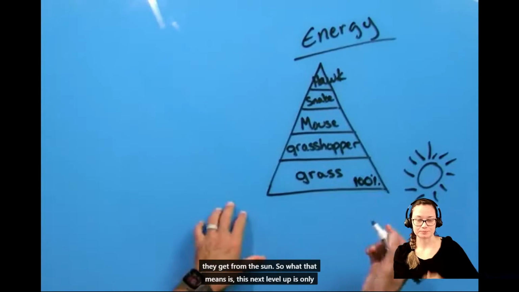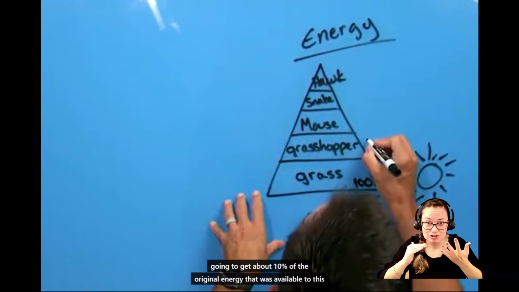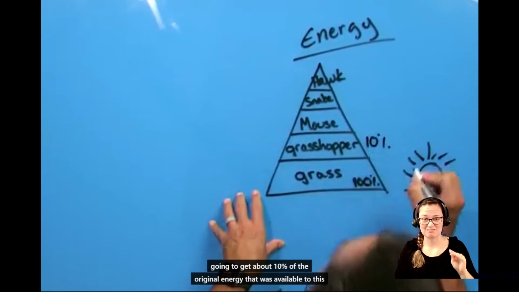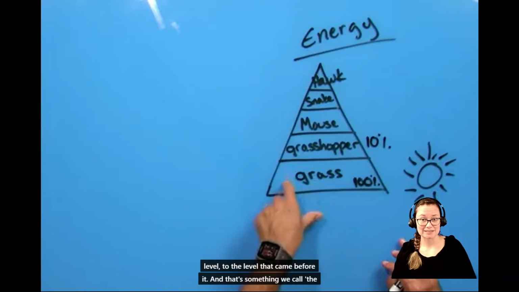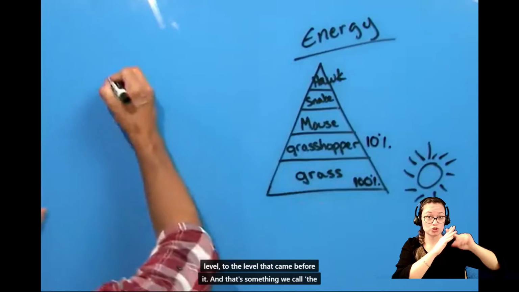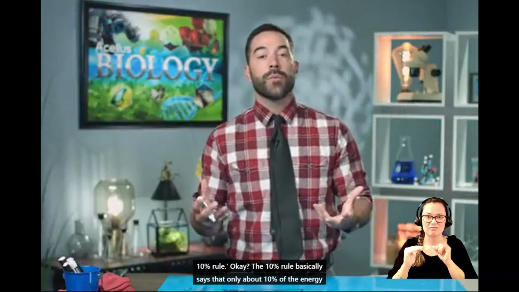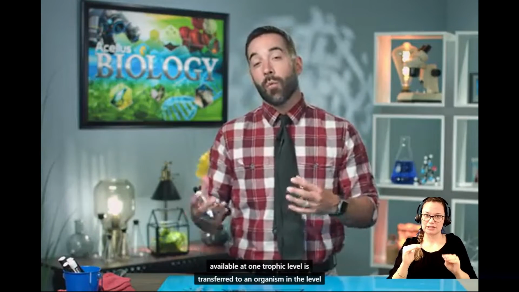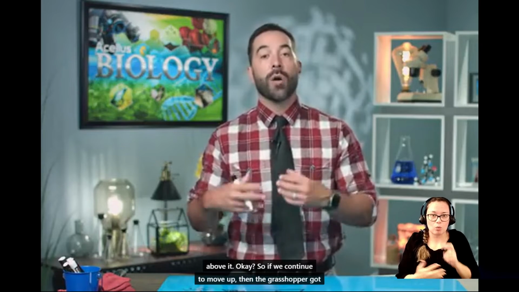So what that means is this next level up is only going to get about 10% of the original energy that was available to the level that came before it. And that's something we call the 10% rule. Okay? The 10% rule basically says that only about 10% of the energy available at one trophic level is transferred to an organism in the level above it.